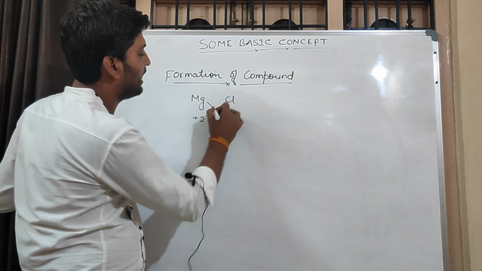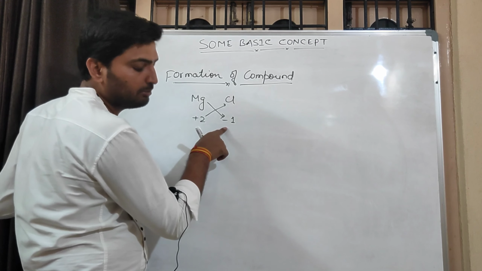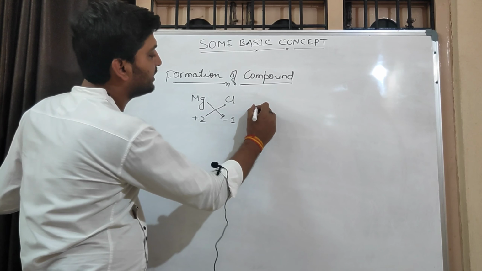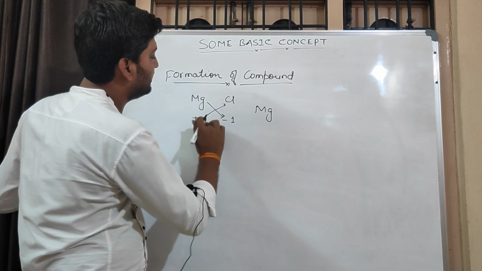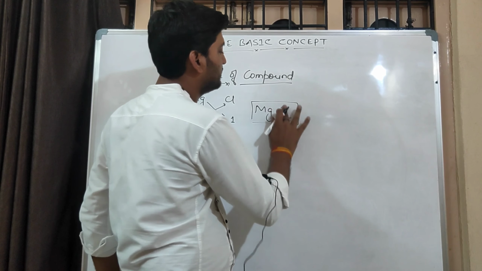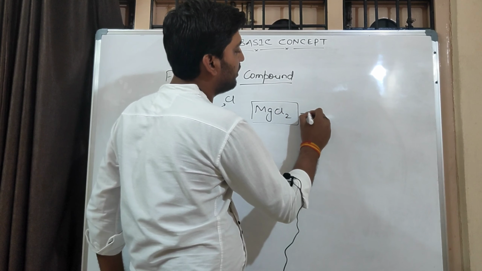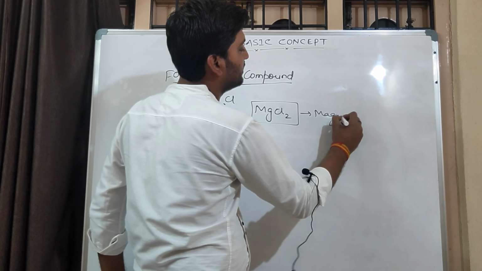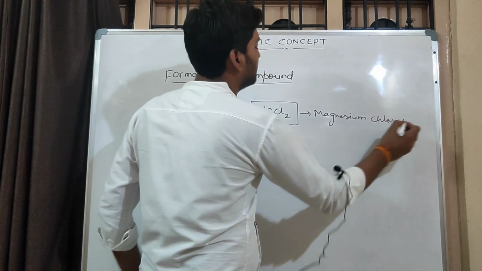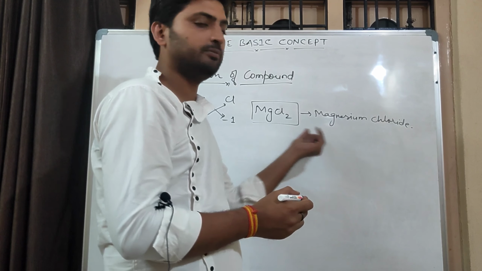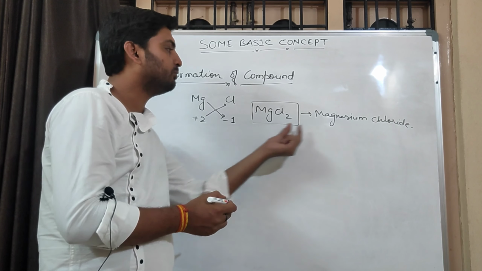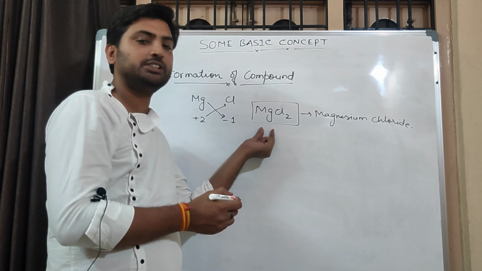Cross multiplication. I have told you we do not take this plus and minus sign. We have to take only this number, the numerics. So Mg into 1, Mg, and Cl into 2, Cl2. This is also a compound. This is also a salt, and this is called magnesium chloride. See here, this is metal, this is non-metal. Previously we saw for sodium the formula is NaCl. For magnesium it is MgCl2.